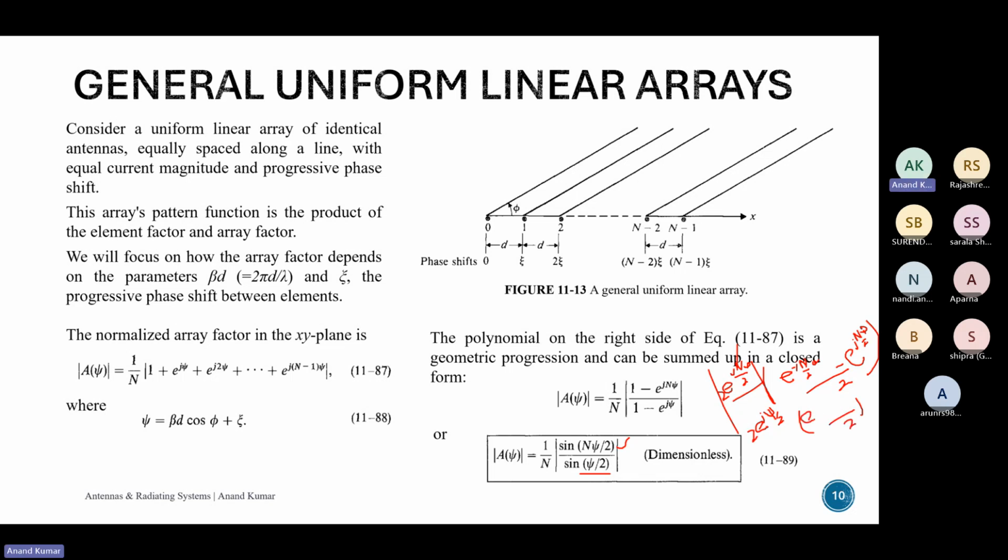So we'll have the 2 terms again, and these 2's can get cancelled, and again these e power j terms only contribute to the phase, and the magnitude is 1. So if we take them outside the mod, they'll just vanish. So that's how we end up with this expression for the array factor.